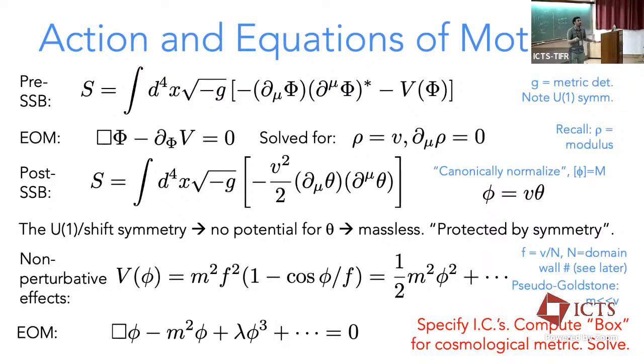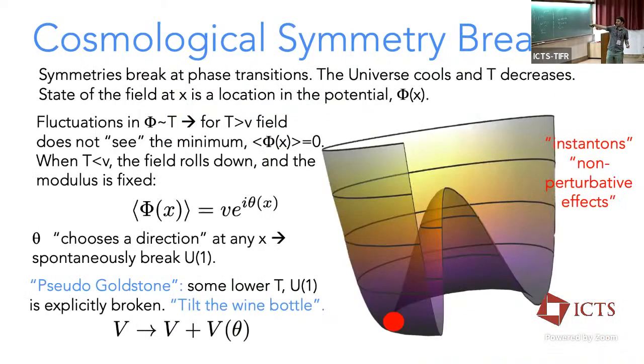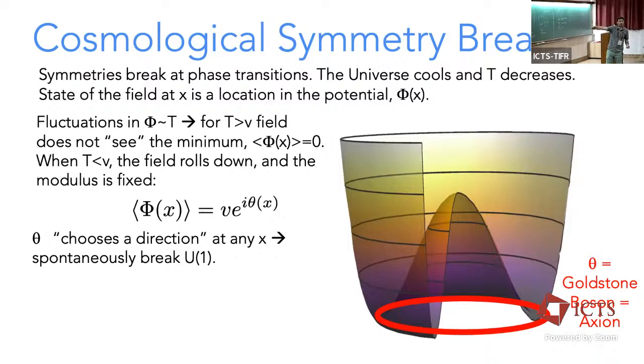Can I ask a question? Yeah. So when you add this cos phi term, you would actually have n degenerate minima here, no? Right, very good point, which I've mentioned here, and I was sort of brushing over it. So the field phi, if I write it like this, I can have either 1 minimum or 2 or 3 or 4 or n going around the bottom of this potential.